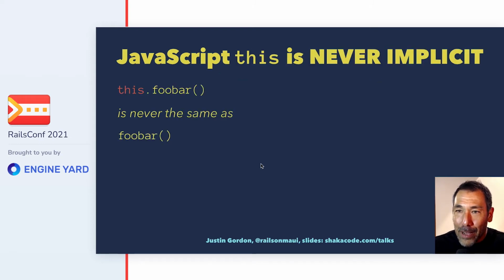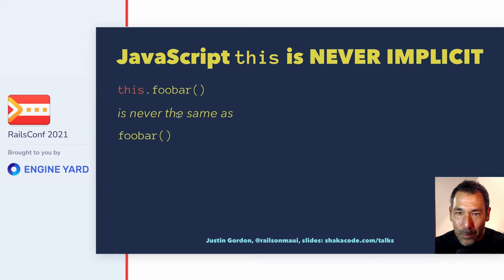But there's a big difference if you put this.foobar versus foobar without the this. How many Rails programmers ever forgot to put the this in some JavaScript code? I'm sure a lot of you have. I definitely have. So this is never implicit. You have to have this there.